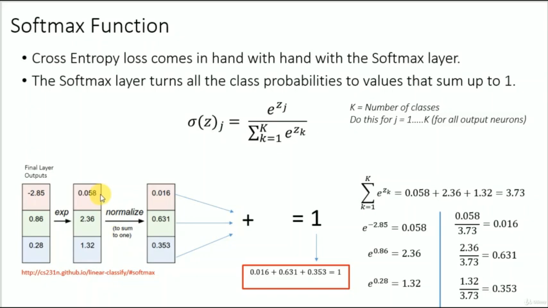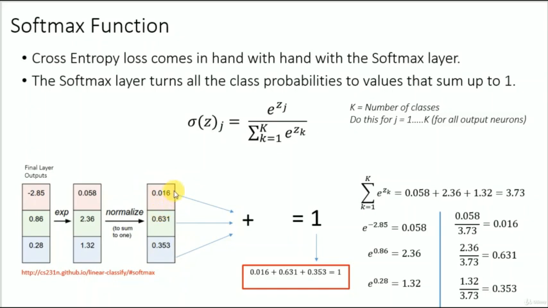And now we're going to normalize each one of them. So we're going to divide each one of them by 3.73. And this is what's written here, 0.058 divided by 3.73, we get 0.016, and so on. If you do the calculation for the others, then you'll get what's written here, 0.631 and 0.353. Okay, now realize that these probability distributions, all of these 3 sum up to 1.